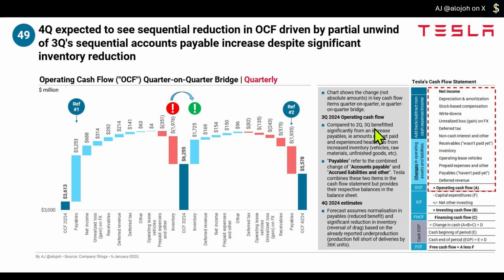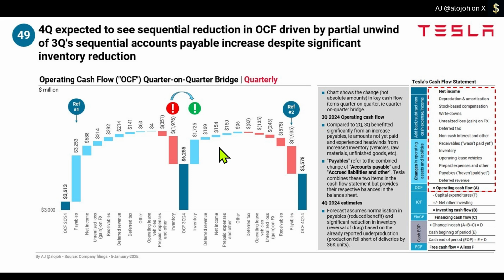So when we now jump back to the forecast, what happened in 4Q based on my forecasting? One, there was a huge inventory positive. This has to do with Tesla selling down, and we will dive into this in much detail in a bit, a record amount of vehicles. Tesla's production fell short of deliveries in the fourth quarter by 36,000 units.